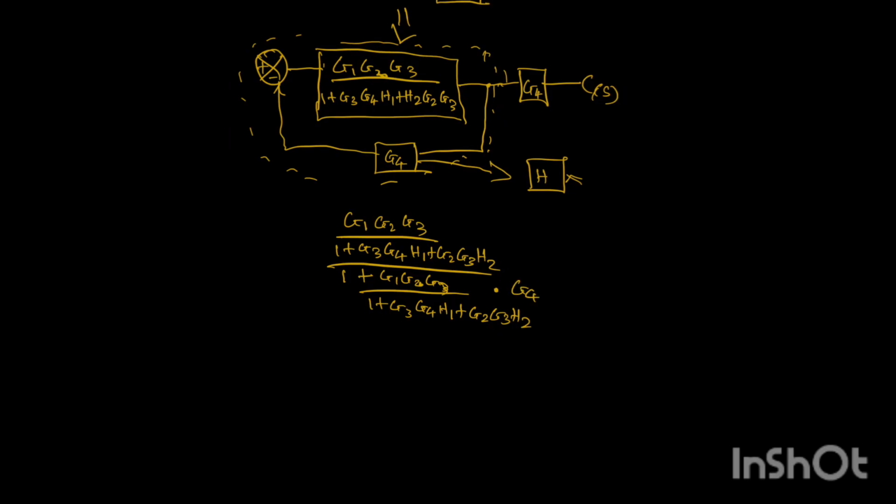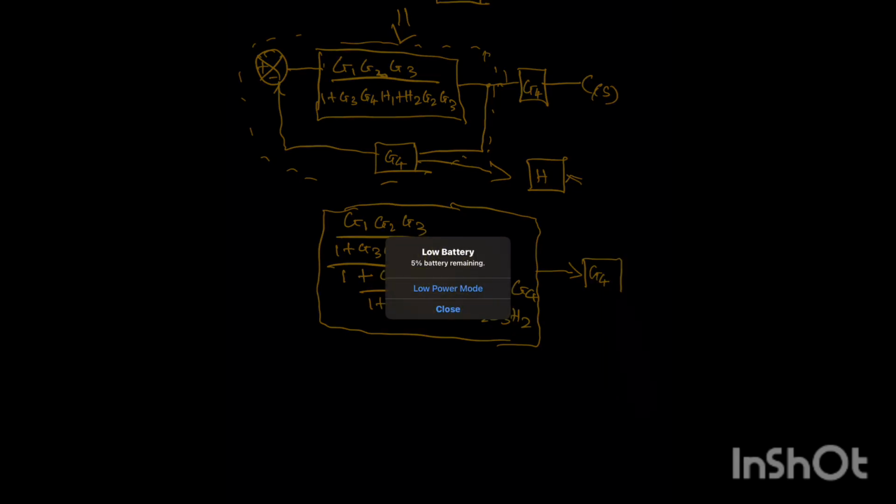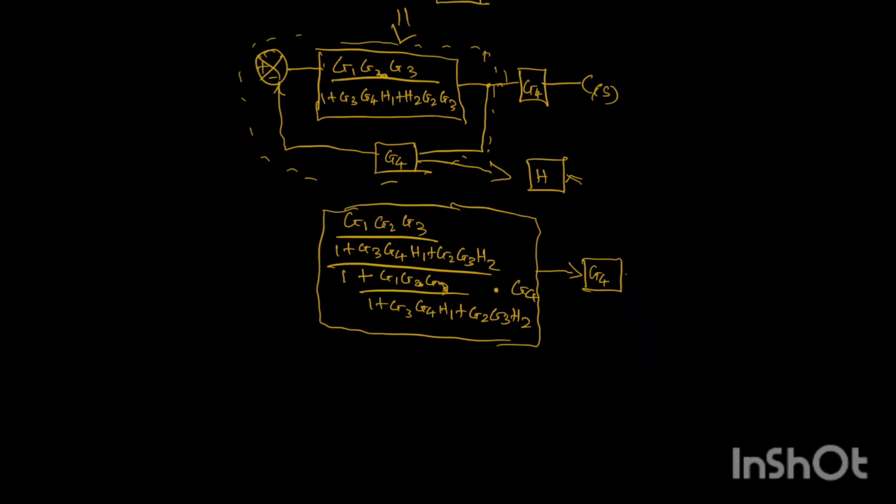So G4 now would act as our feedback H. So this is what we would have now. We still have G4 over here. So C of X, here we have R of X.